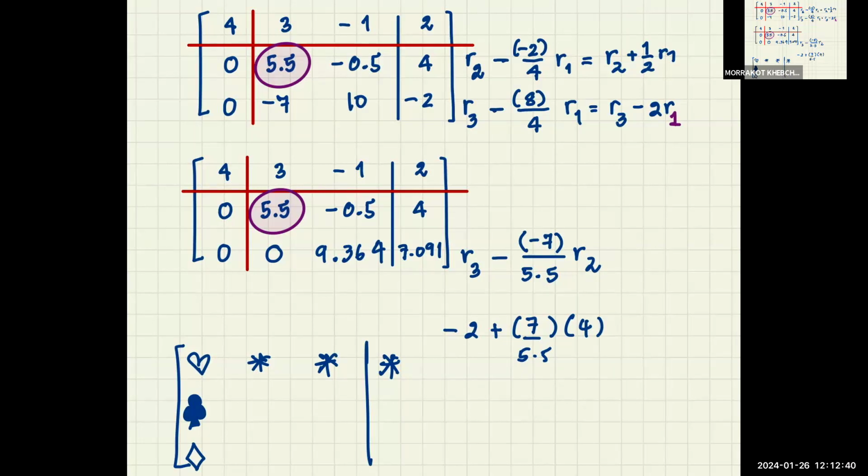Actually, it's 3.91. Oh, all right, it's -2, okay?